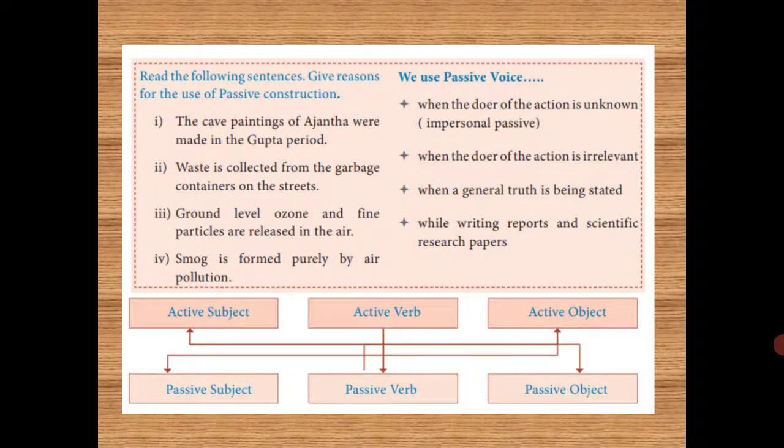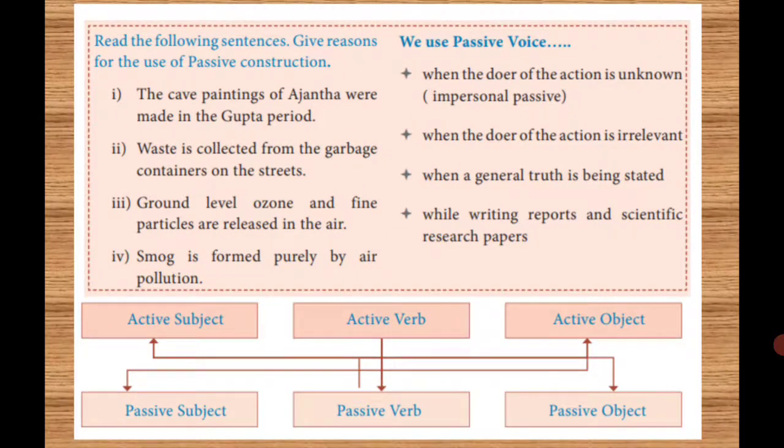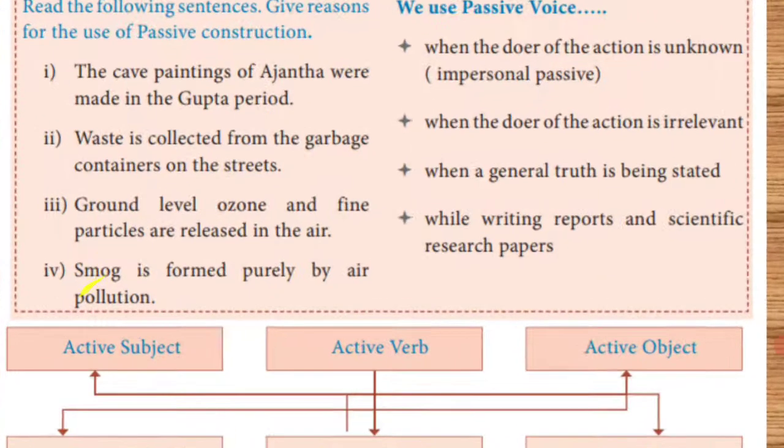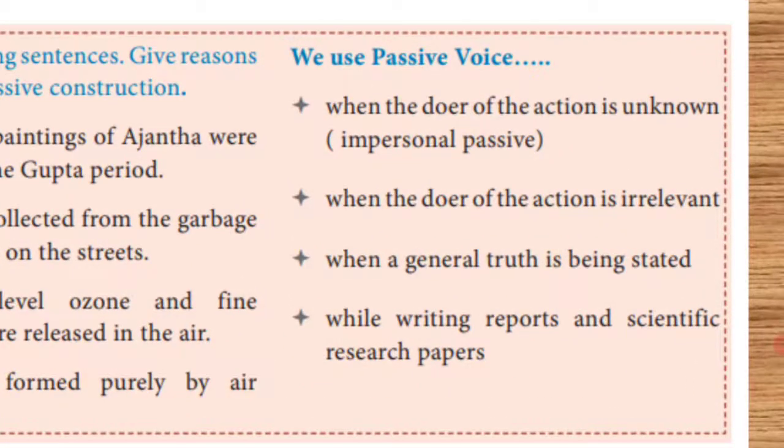Here, some examples are given, and what is more important is the second part: when do we use the passive voice? When the doer of the action is unknown, when we do not know who has done the action, we can use passive voice.